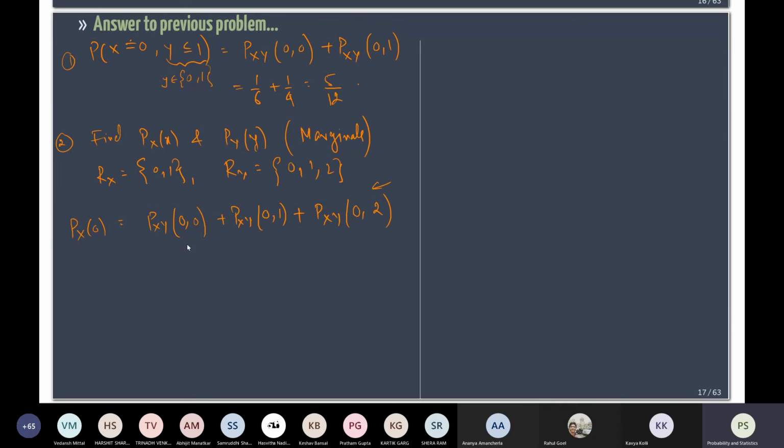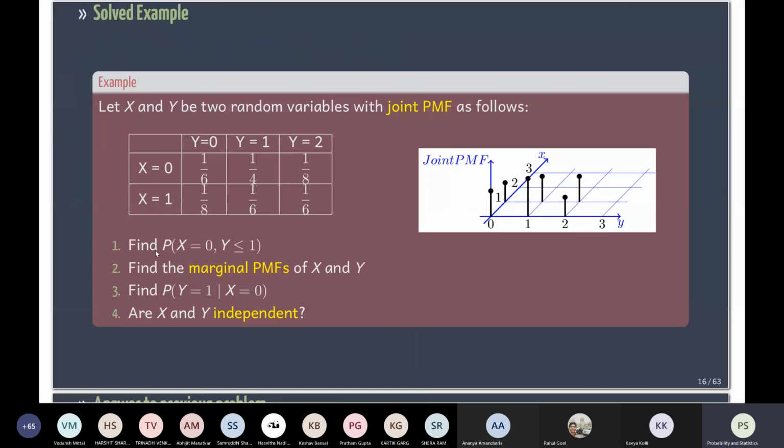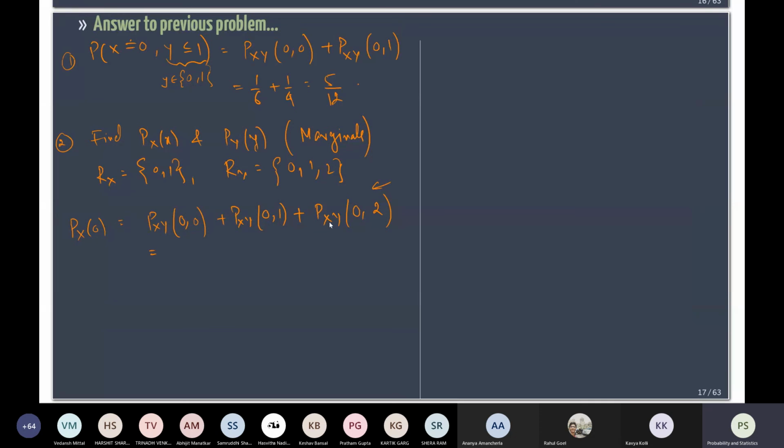Here, reading out the probabilities: (0,0) is 1/6, (0,1) is 1/4, and (0,2) is 1/8. Basically, you have to sum this row to get p_X(0), and similarly sum the other row to get p_X(1).